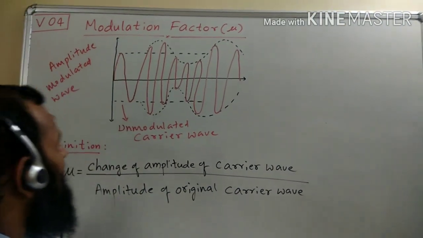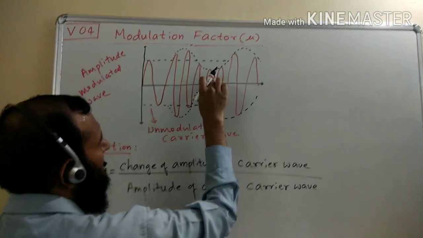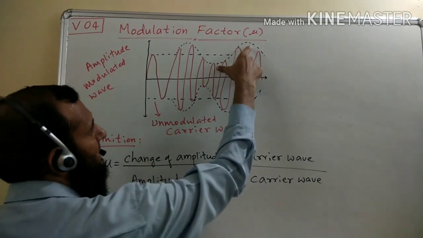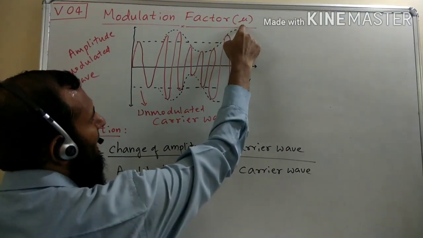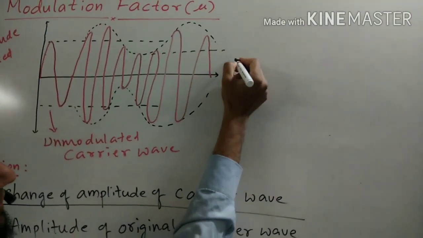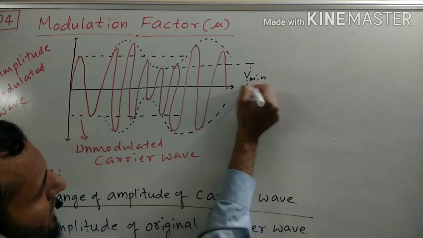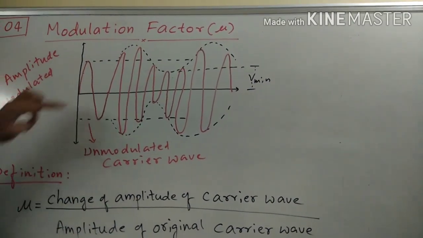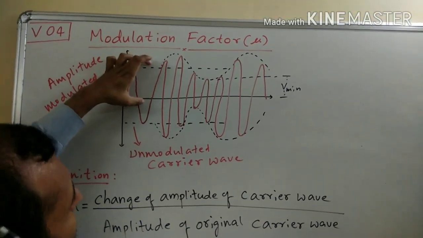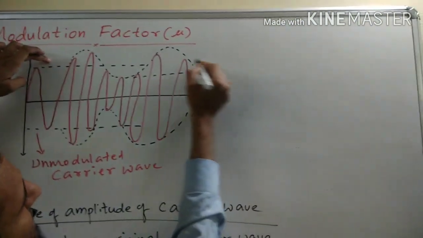Now let us see the things. If you look at the amplitude of the modulated wave, here it reaches a minimum voltage and here it reaches a maximum voltage. So there is an oscillation between minimum and maximum. From here to here, let us call this V minimum. And from here to here, this is the original amplitude of the carrier wave.